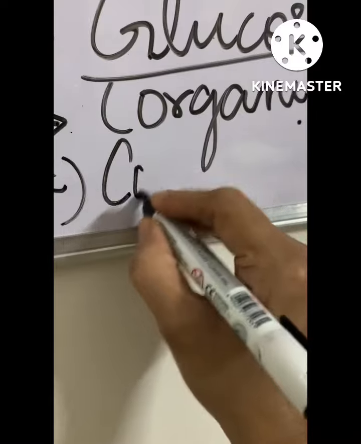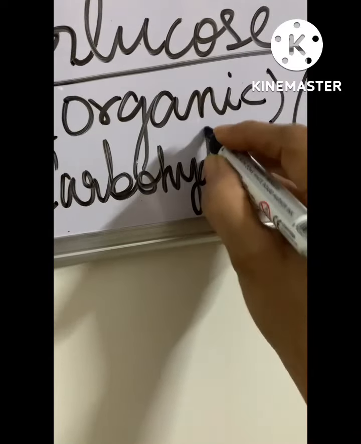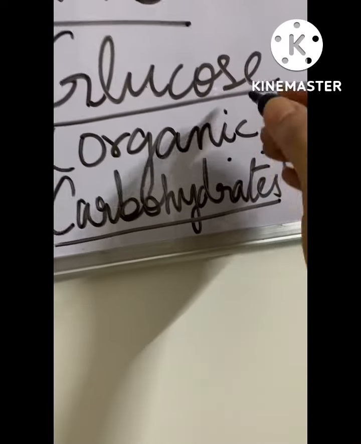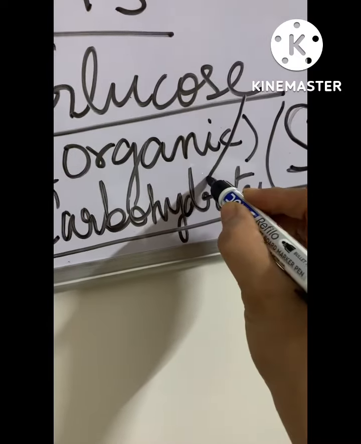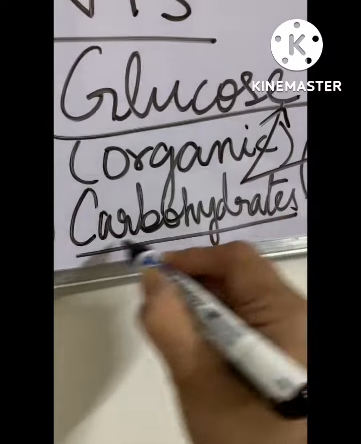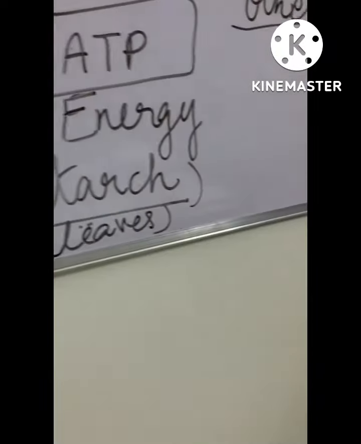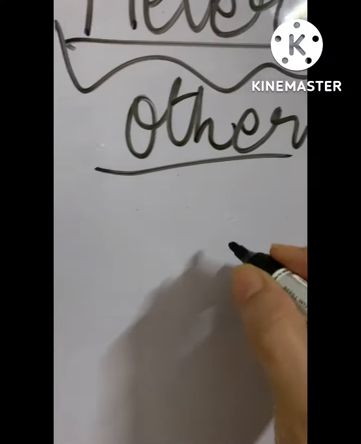The starch is stored in the leaves in the case of plants. Right? There is another term, carbohydrates. Please be very clear about these terms. Carbohydrates, this glucose and starch together, we call them carbohydrates. And how about the heterotrophic nutrition?